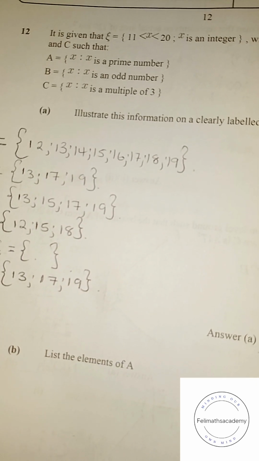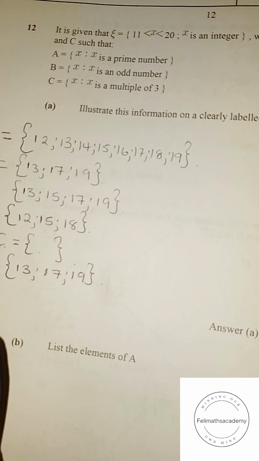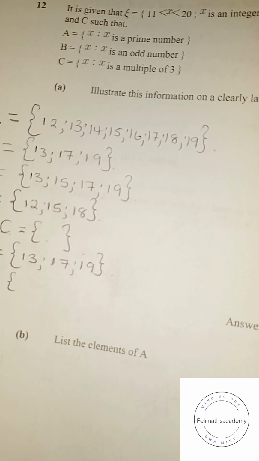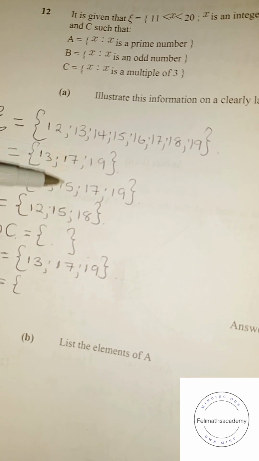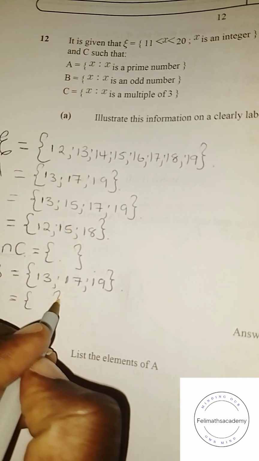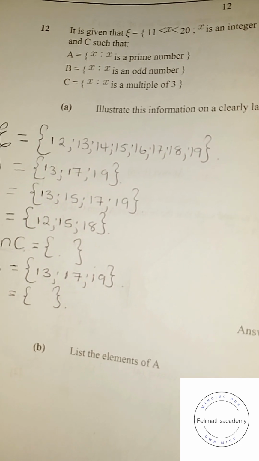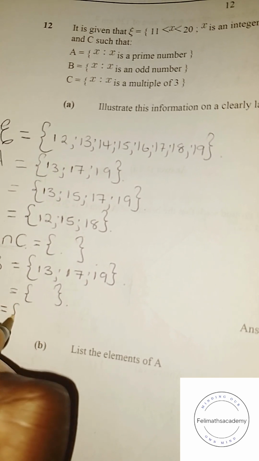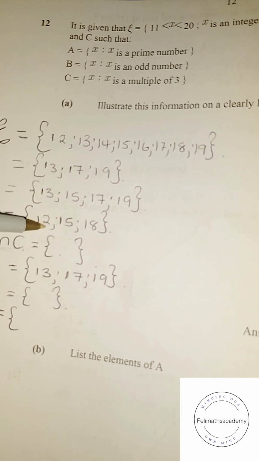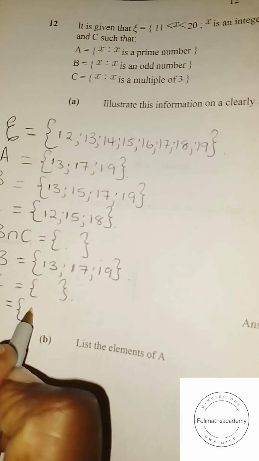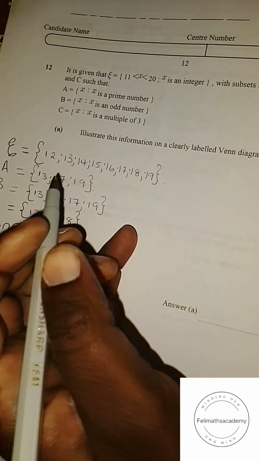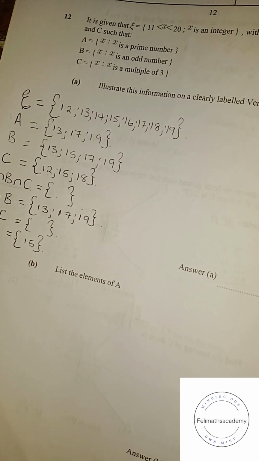Then A intersection C, we don't have an intersection there, so it's an empty set. Then B intersection C, we have 15. Right, so after that we can now draw our Venn diagram.